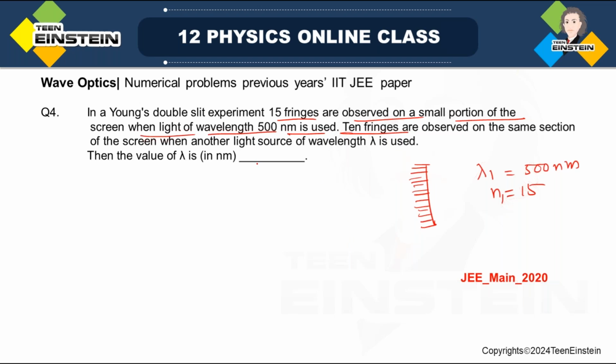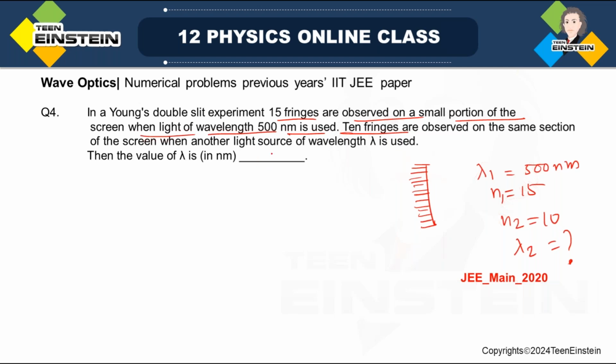Now when you want to see n2, 10 fringes, what will be the wavelength? On the same screen you want to see 10 fringes, so what would be the wavelength? In nanometer you have to find out. This is a question from section B, where you have to find numerical values.